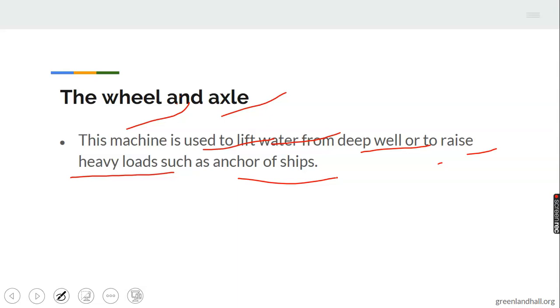If it moves clockwise, it tries to bring the ship closer to itself. It helps the anchor make sure it holds the ship so that it will not be moving from one place to another. So the wheel and axle is also an important type of machine that we can use very well, both at home and in other places.